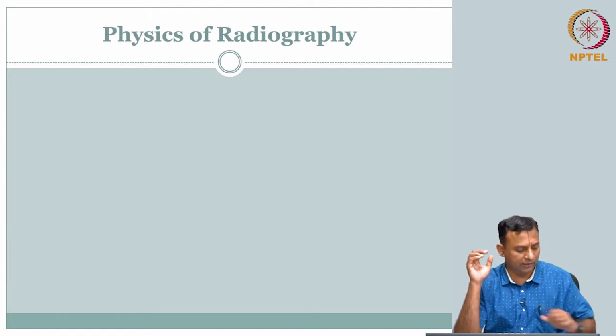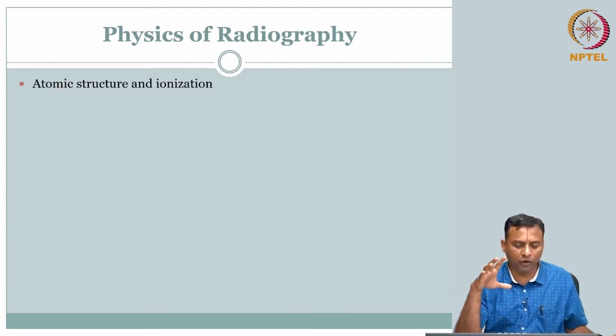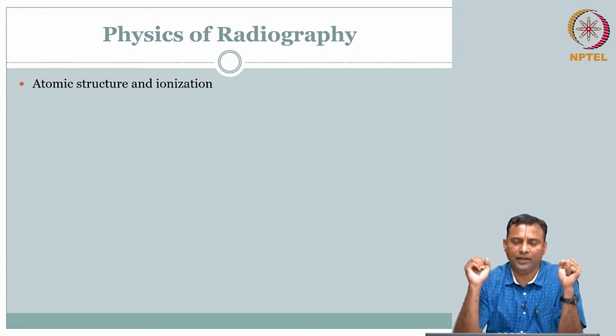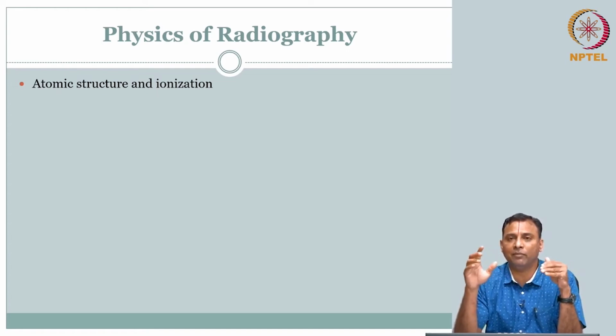So the overview of what we want to do is, we'll start with the basic structure of an atom, right. So these are atomic structure and ionization. In fact, we used this term even in the introduction, that these are ionizing radiations. So these are ionizing, and then there is ultrasound and MRI where it involves no ionization.